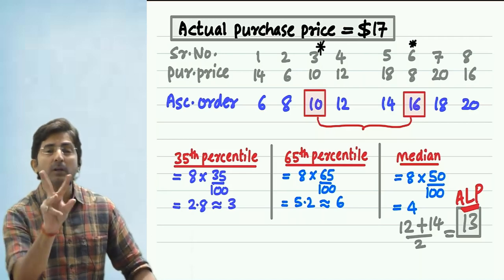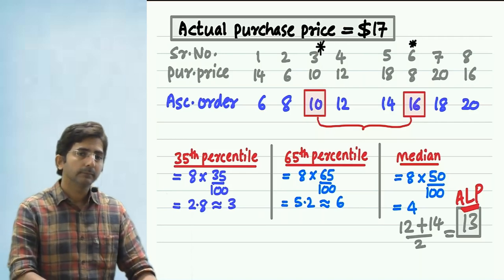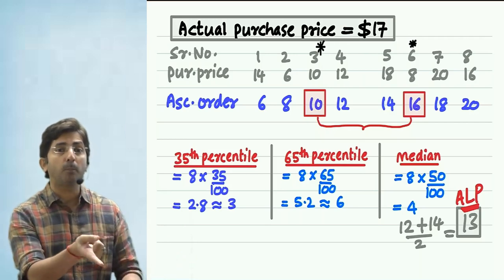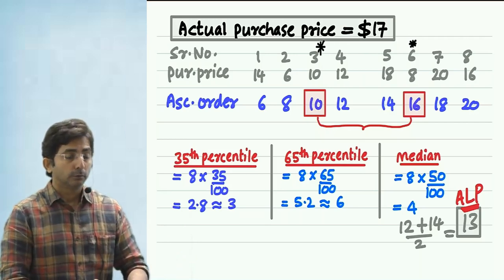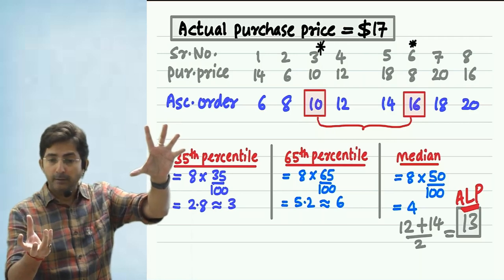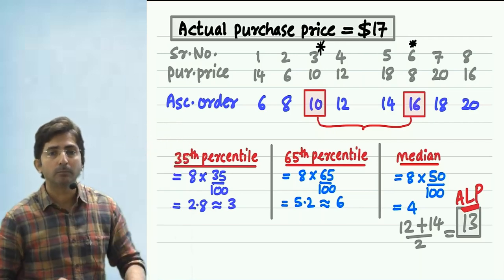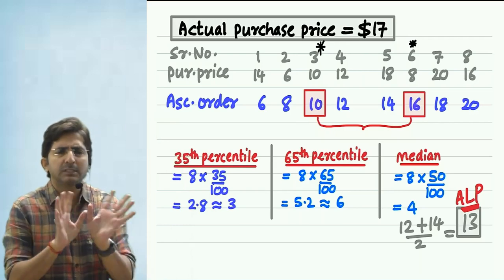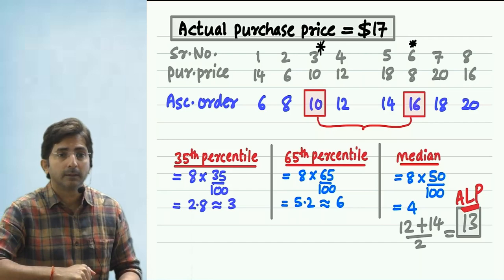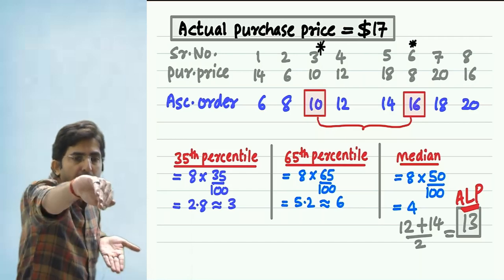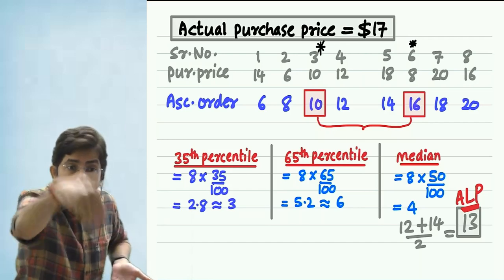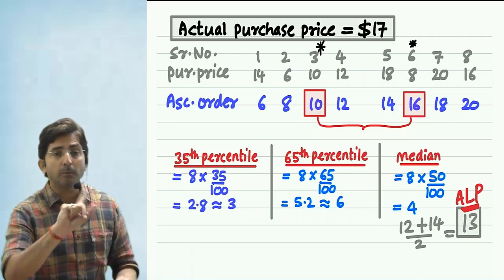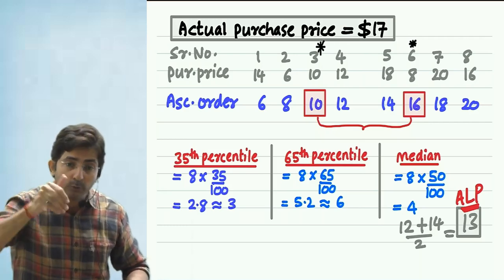Median and mean, what is the difference? What is the difference between mean and median? Mean gives importance to the value. This is 100, this is 10. Let's average: 100 plus 10 divided by 2. But in median, we don't see the value, we see the position. If there are 100 items in a list, who comes in the center? Position determines median. It is not based on the value, it is based on the position.